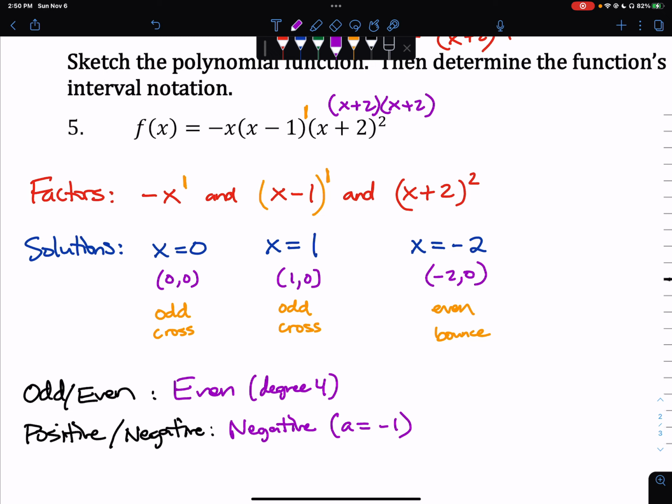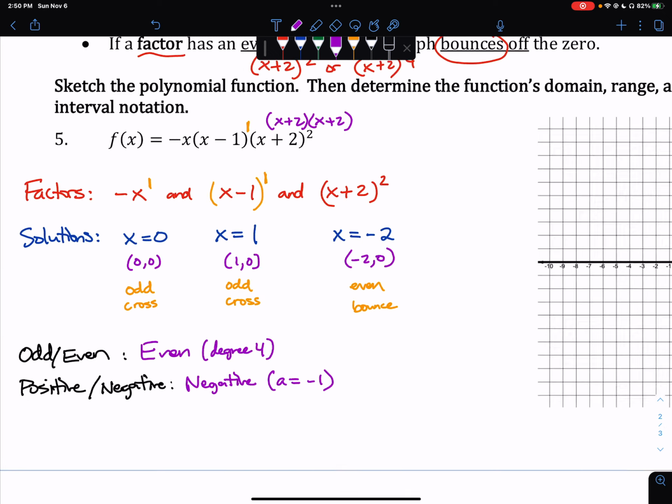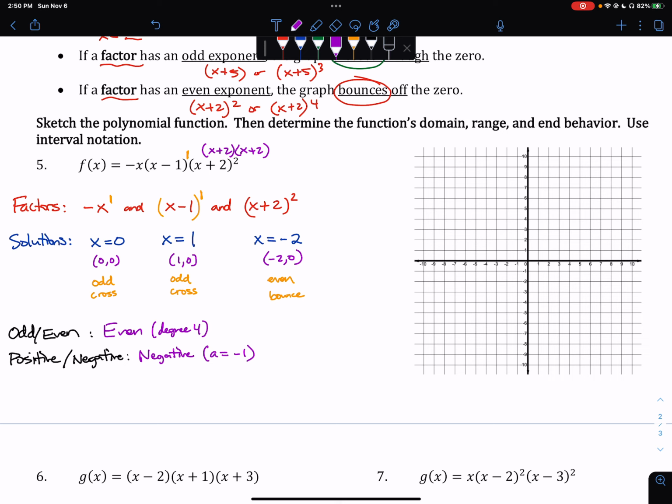So what does that look like on the graph? Again, this isn't a very specific graph. We're not building a table here, but we can get a general idea of what it's going to look like. So first, we want to plot our x-intercepts, our solutions here. So we have (0, 0), (1, 0), and (negative 2, 0).